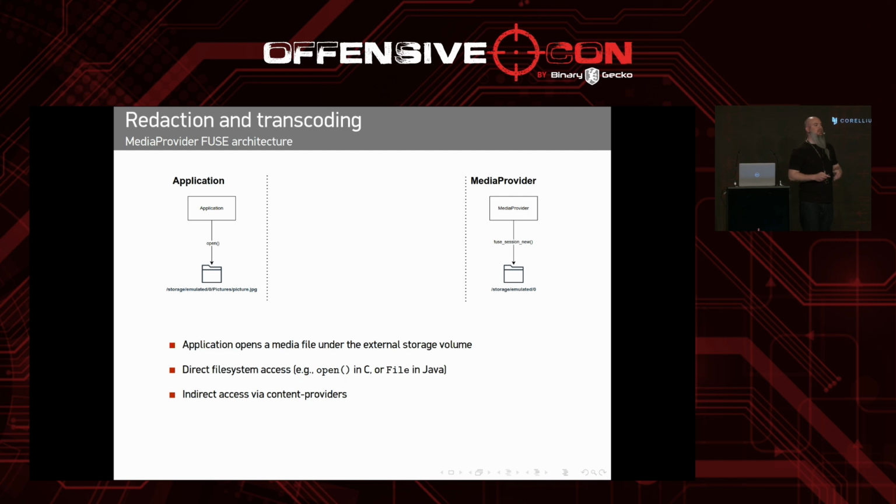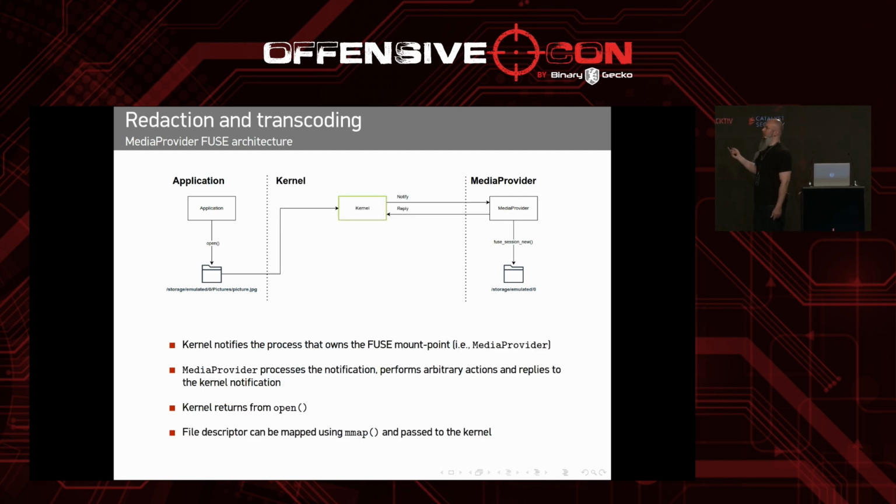This can happen either by using system calls directly, like open, or using indirect methods of accessing files, like a third-party content provider. Now, the kernel knows that this mount point is being handled by the media provider, so it notifies the corresponding process. The media provider, of course, can perform arbitrary actions before replying to the user, and eventually the user, when the open system call returns, receives a file descriptor, which is actually a Fuse file descriptor, and can be mapped as we saw previously.